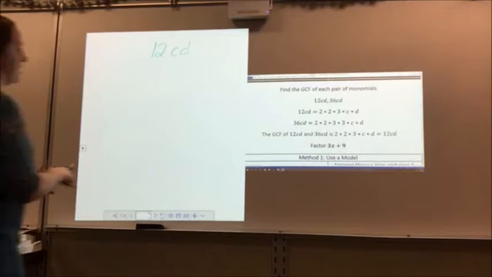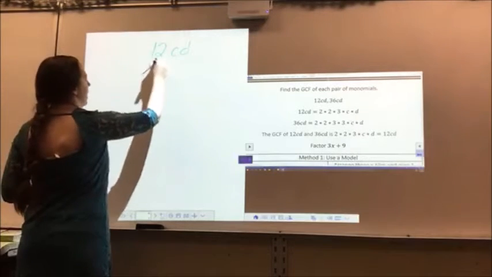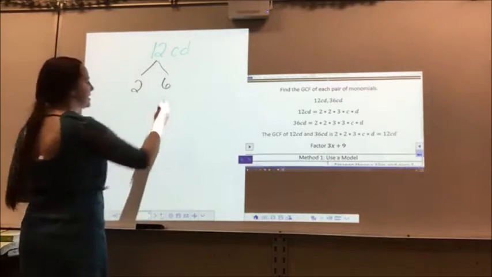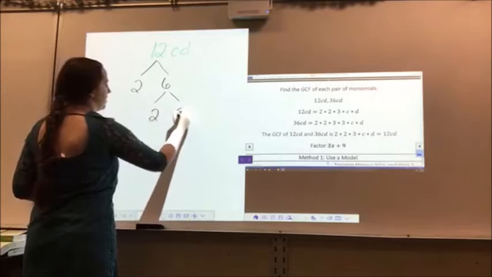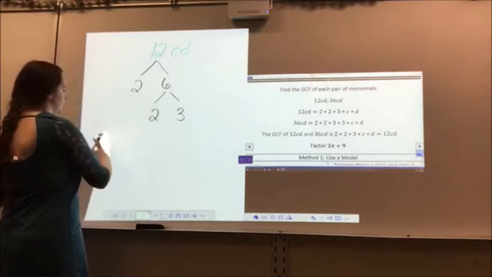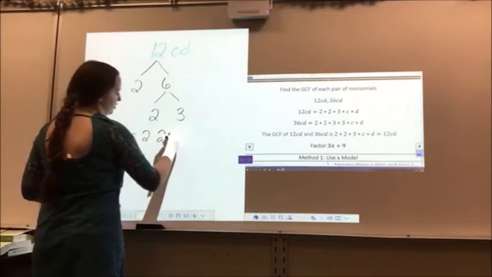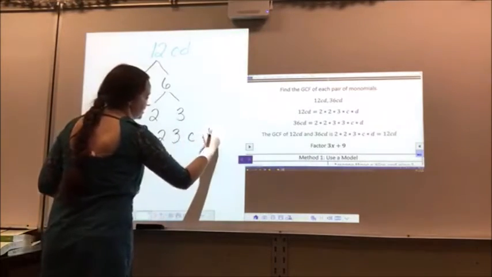But I want to break it down into prime numbers. So 12 can be 2 times 6, and then I can break 6 down into 2 times 3. Okay? So 12CD is the same thing as 2 times 2 times 3 times C times D.